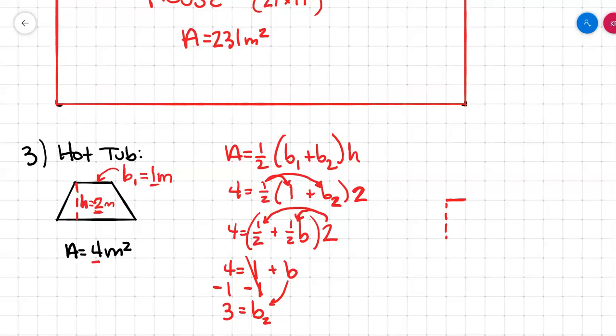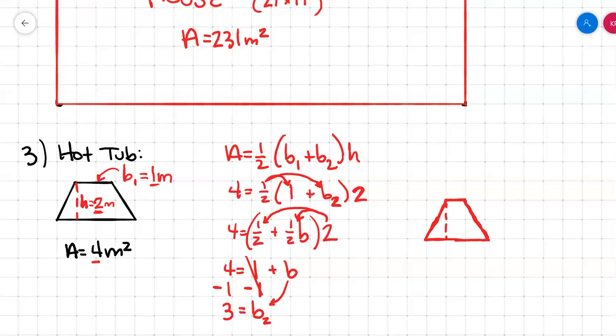And the bigger base, which is the bottom, is going to be 3 squares wide. So our bottom is 3 squares. Then we can draw our lovely trapezoid that is 1 square on top, 3 squares on the bottom, and it's 2 squares tall.